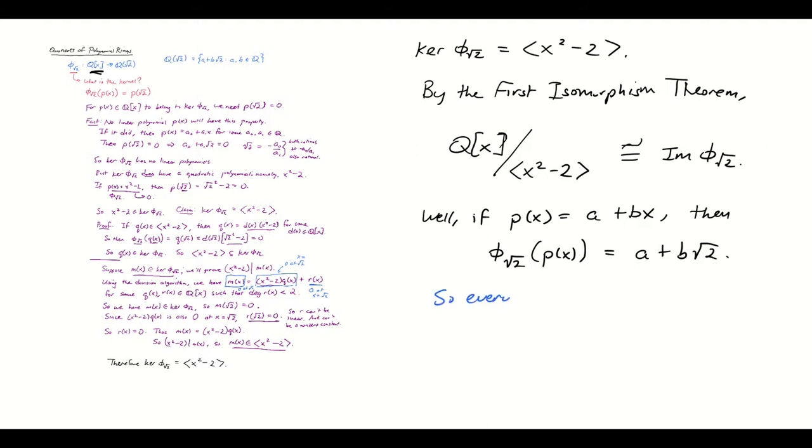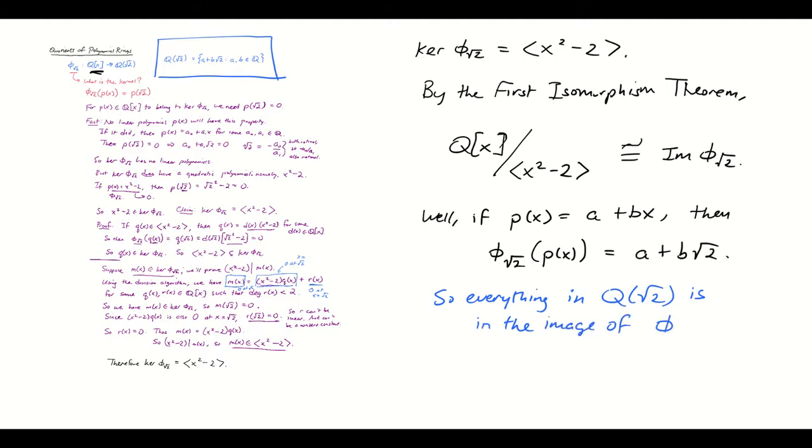So everything in Q adjoin root 2, remember that's the set that we defined up in your upper left, everything in Q adjoin root 2 is in the image of phi sub square root of 2.